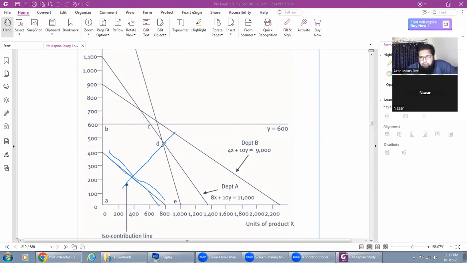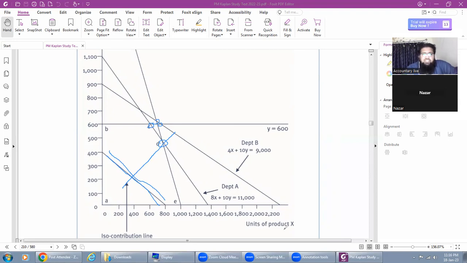This is the C point. This is the B point. These are some intersecting points, this one, this one, this one.